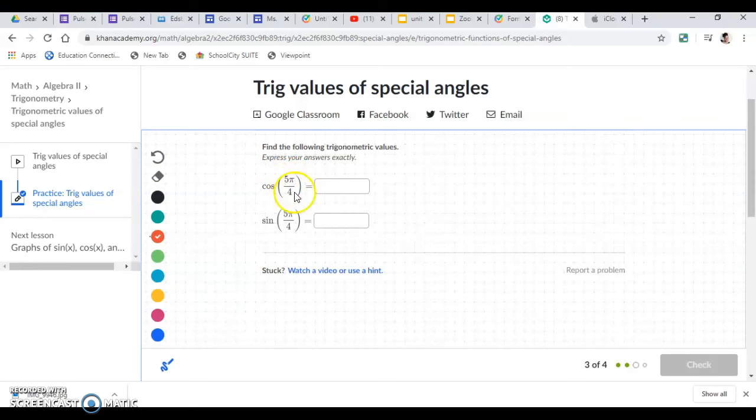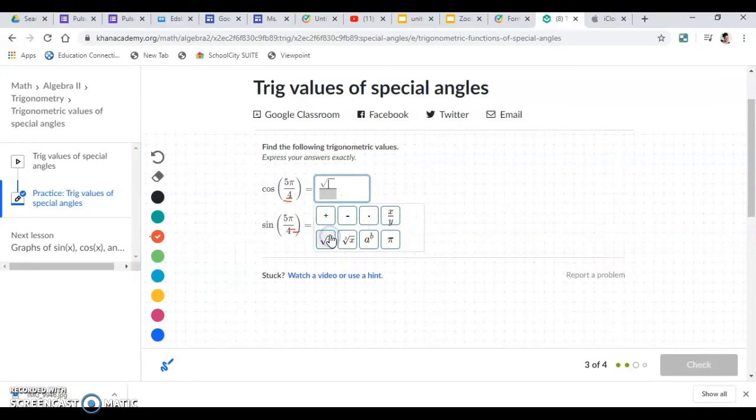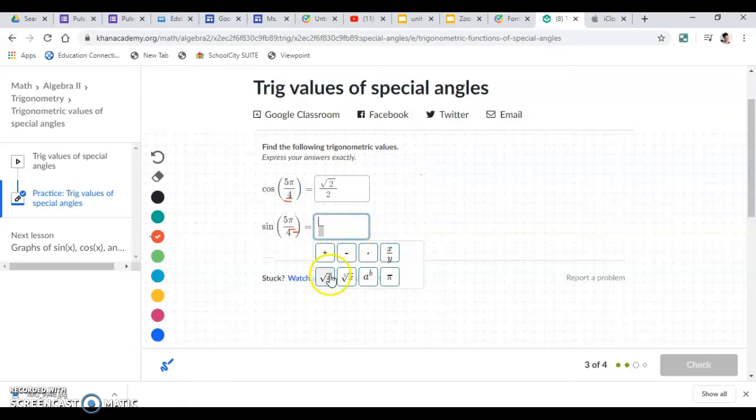Okay, so they say the cosine of 5 pi over 4 and the sine of 5 pi over 4. We know these are our pi over 4 angles. Pi over 4 sine and cosine, this is the easy one, is radical 2 over 2. They're exactly the same, right? Radical 2 over 2, radical 2 over 2. And then I just got to think about where 5 pi over 4 is on the unit circle.